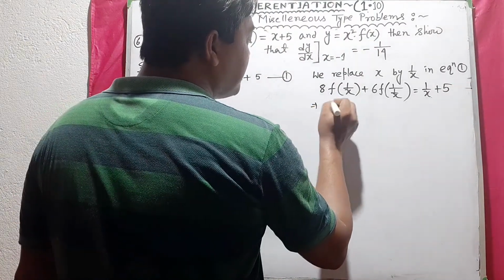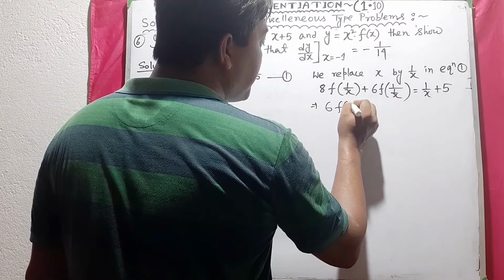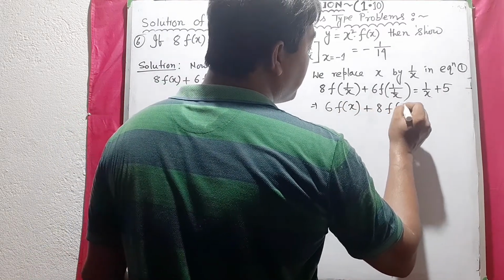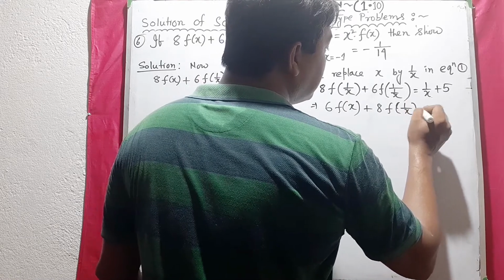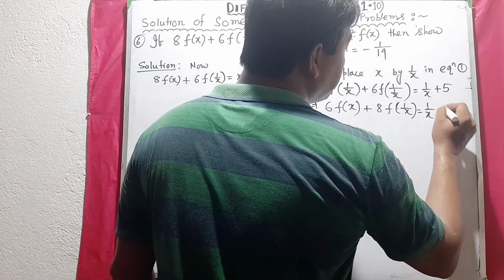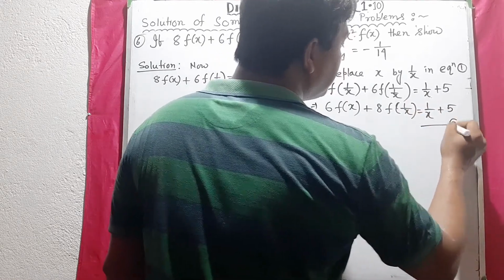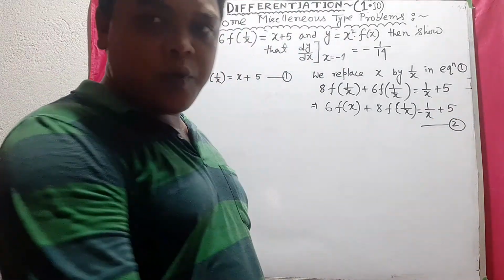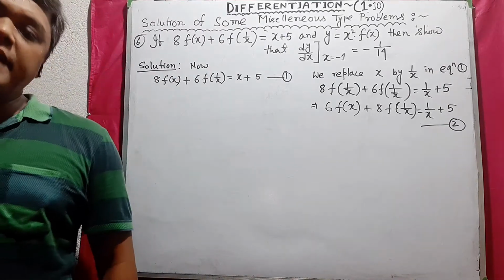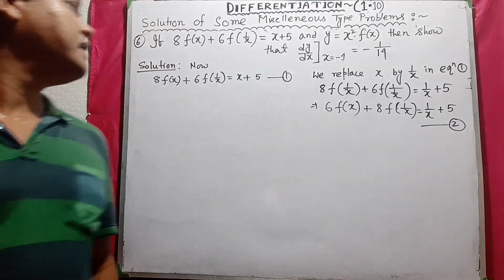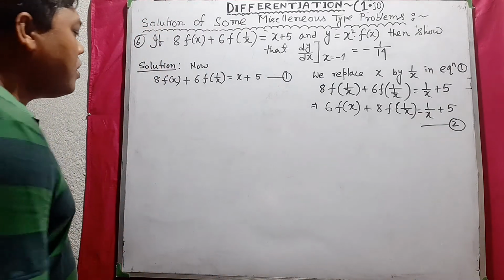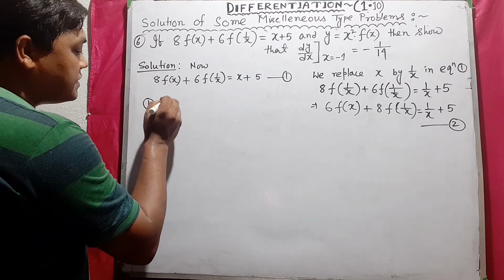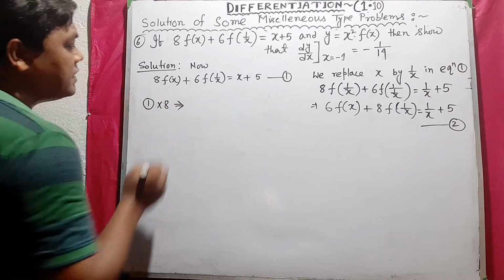So after some calculation we get 6f(x) plus 8f(1/x) equals to 1 by x plus 5. That is equation number 2. So from these two equations we have to eliminate f(1/x) and we will clearly get f(x). Okay. So multiplying equation 1 by 8, what we are getting?